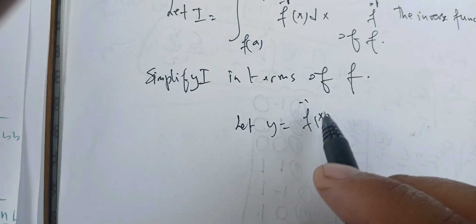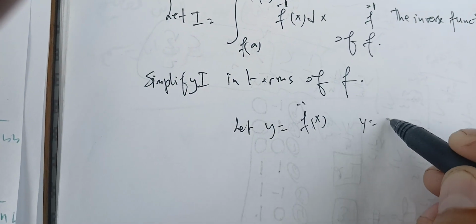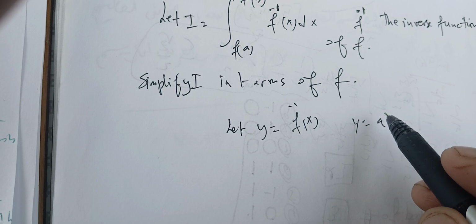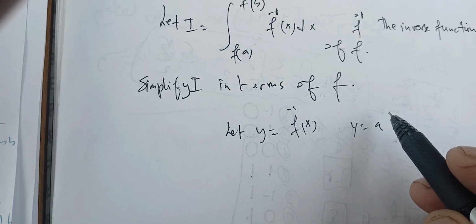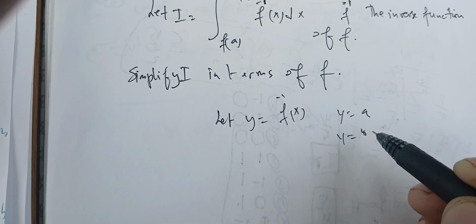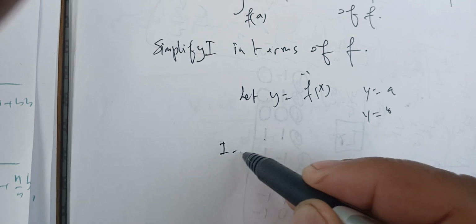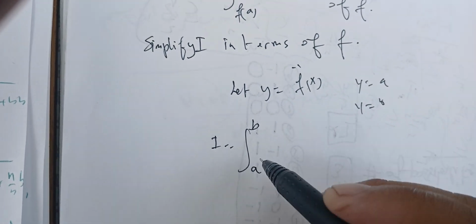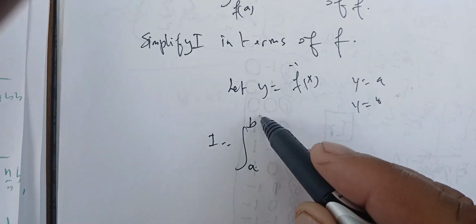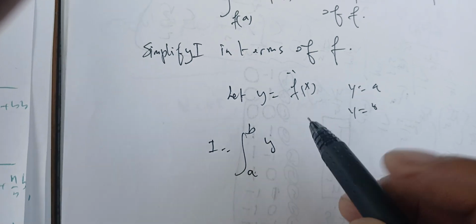In this case, when x is f(a), y is going to be a, and when x is f(b), y is going to be b. Therefore, I becomes the integral between a and b of y, and we need to compute dx.